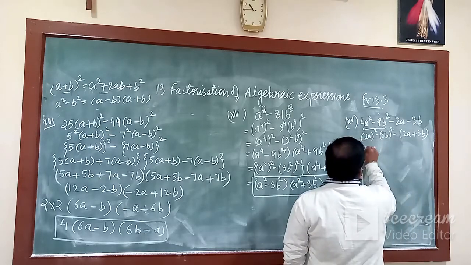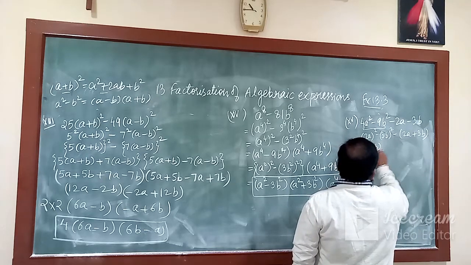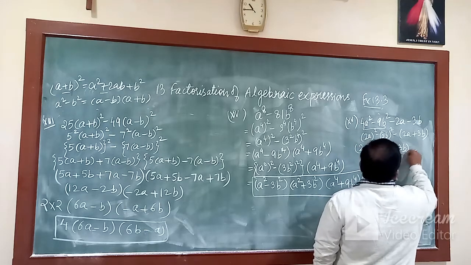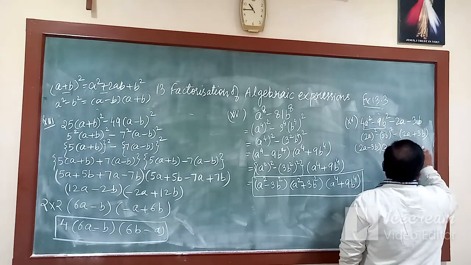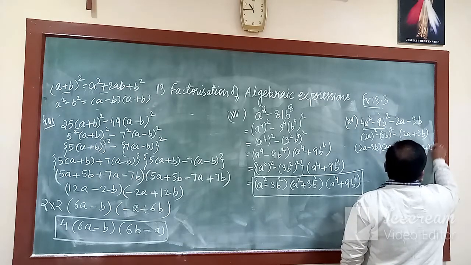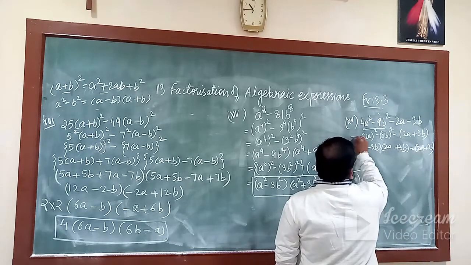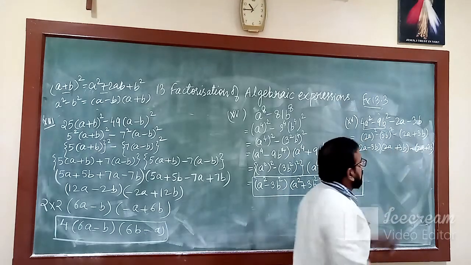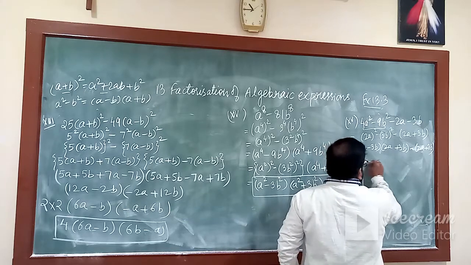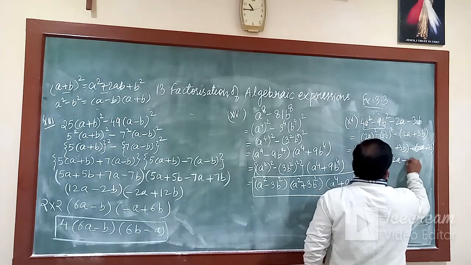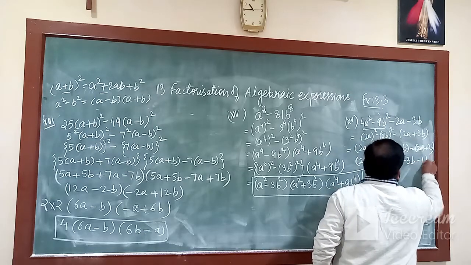So we can write it as (2a minus 3b)(2a plus 3b) minus (2a plus 3b). So overall, if I see this expression, this term is common in both the terms. So this will come out, it will be (2a plus 3b)(2a minus 3b minus 1).